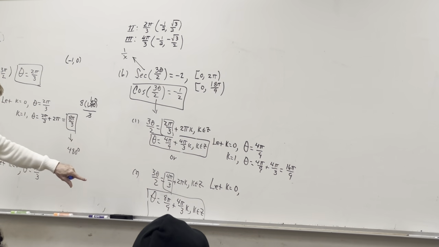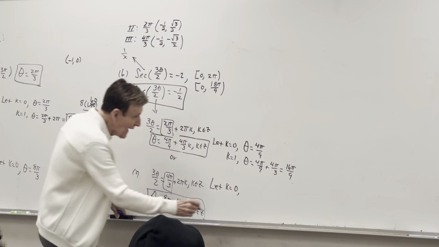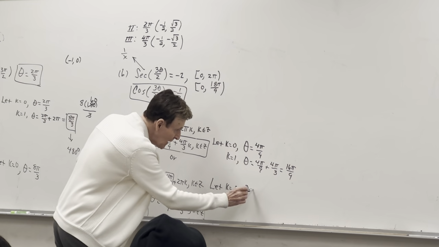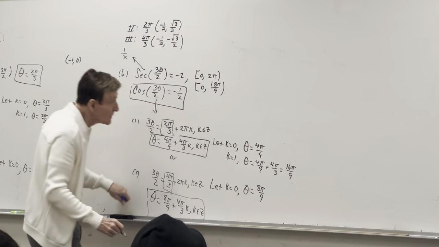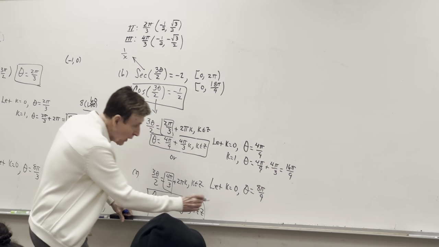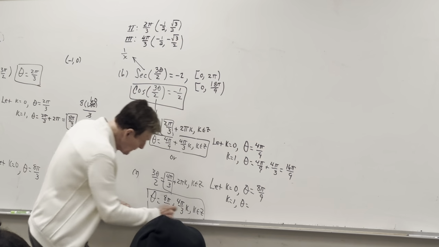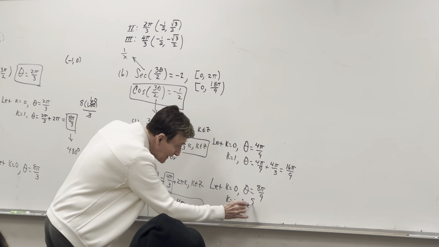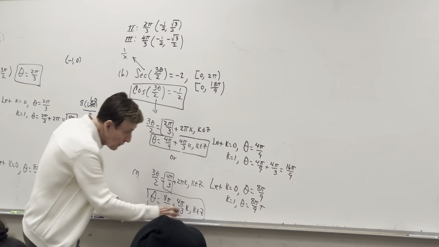As my K is 0, my second possibility, that second term drops out and leaves me 8 pi over 9. And looking back, yes, I may use it. It's in there. Let's let K be 1. I've got to be careful: if K is equal to 1, we end up with 8 pi over 9 plus 4 pi over 3.